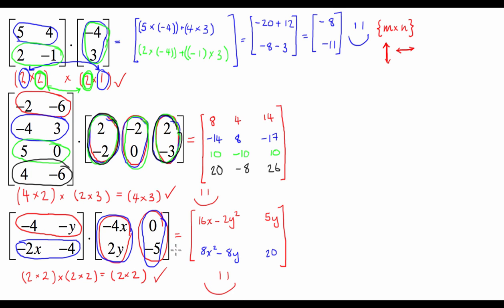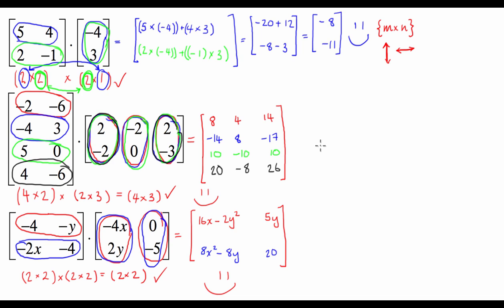Cool. You can see that the matrix multiplications, once we actually know the algorithm where we times the first row by all of the columns, then we move down to the second row, times by all the columns, move down to the third row, and so forth, timesing it by all the columns.